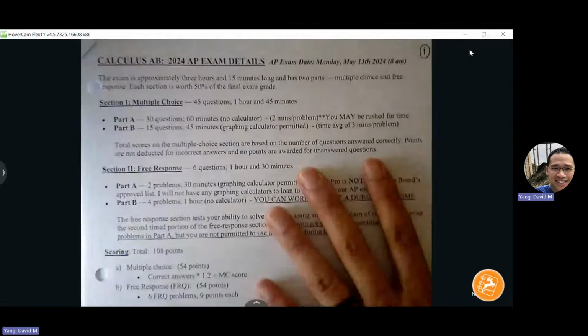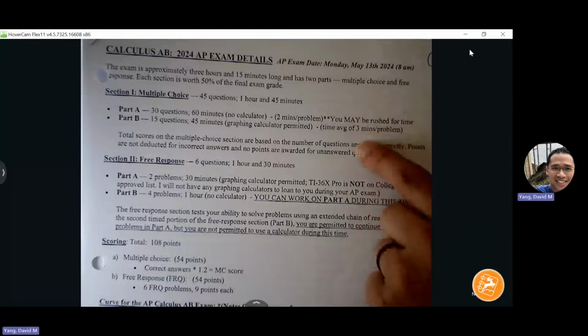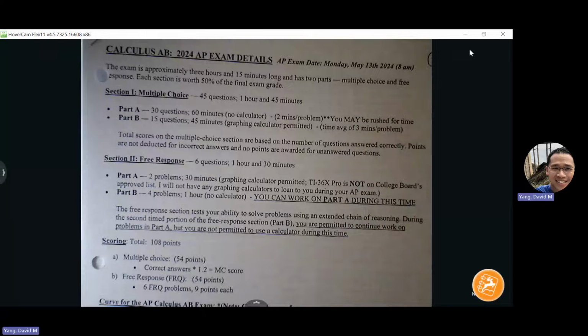I think I've gone over this before, but just to highlight and make sure we know: you're going to start off with multiple choice, 45 questions, an hour and 45 minutes. 30 questions, 60 minutes, non-calculator. Right after that, you'll bring up your calculator for a 15 question, 45 minute test.